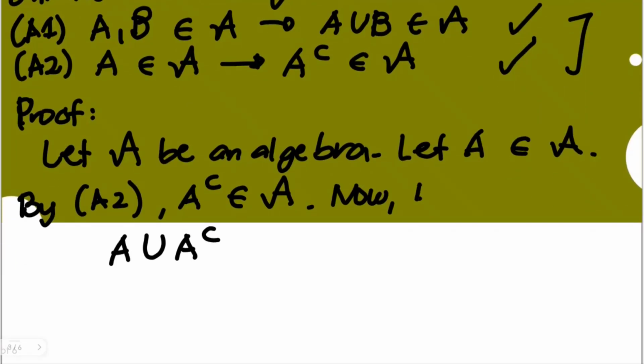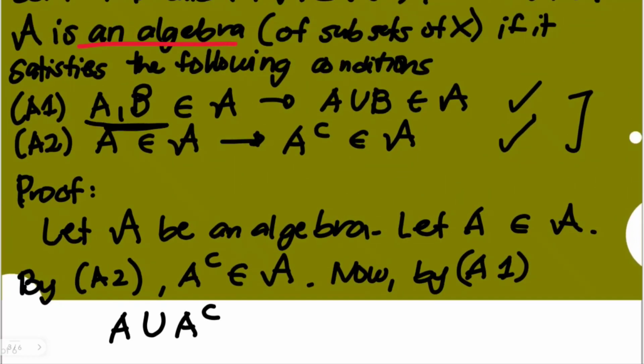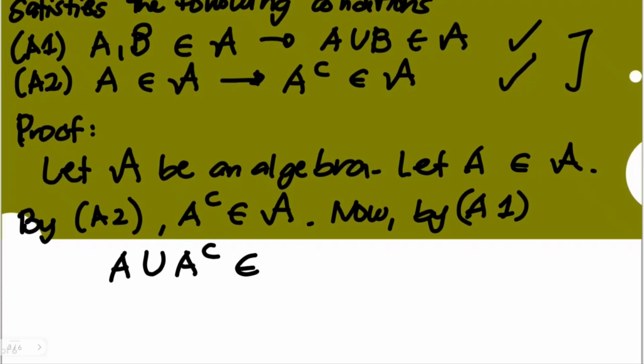By A1, if we have two sets, in this case A and A complement, being elements of script A, then their union is also an element of script A.